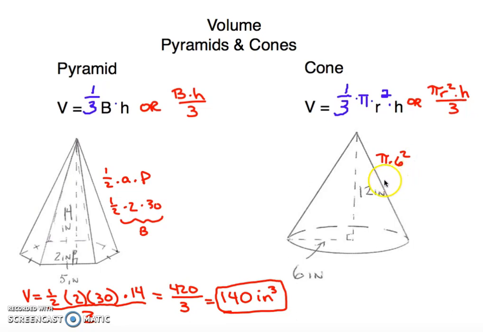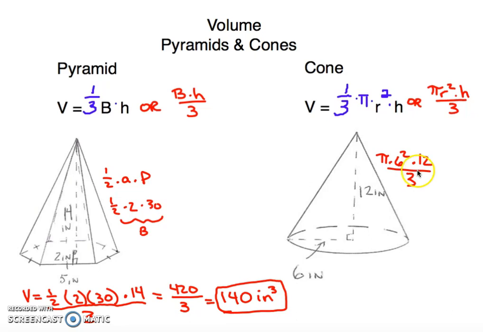The h is the height of the whole figure. The height comes from the vertex and goes to the middle of the base. And you can see here it does create a 90-degree angle. So in this case it's going to be 12. And then we want to take all of that divided by 3.